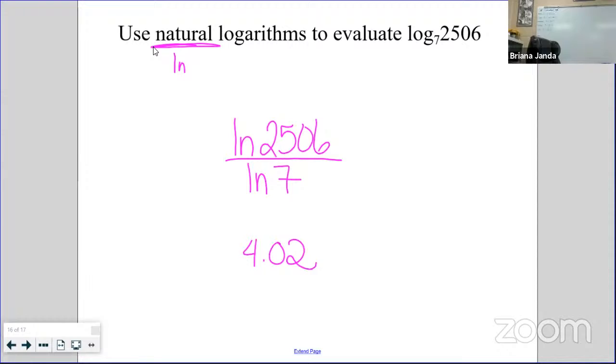My newer operating systems on the graphing calculators will allow you to just type in log base 7 of 2506 and tell you that it is also 4.02. So just so you know that that's an option. Now, if I had only given you a scientific calculator, you have no choice to evaluate this but to use your change of base, because scientific calculators don't have this fancy thing that graphing calculators are showing us. Questions?